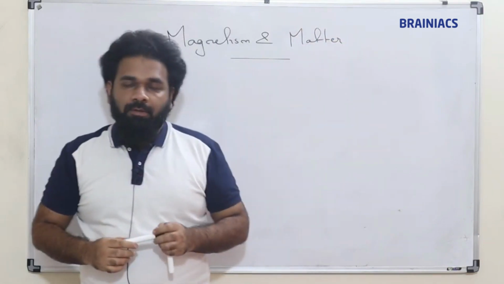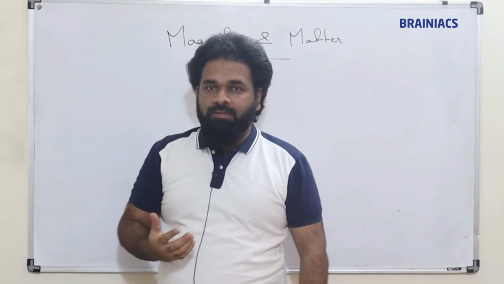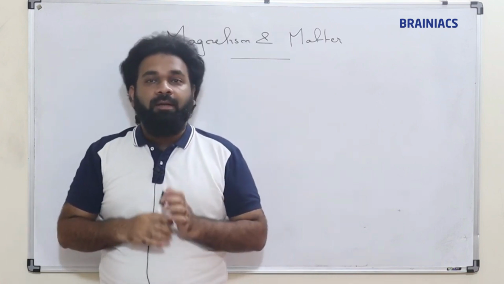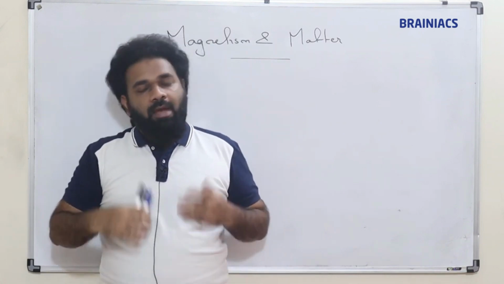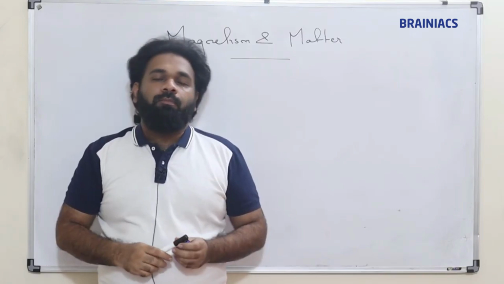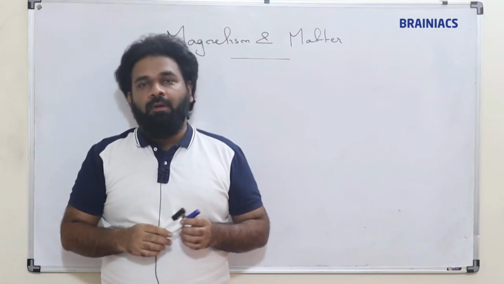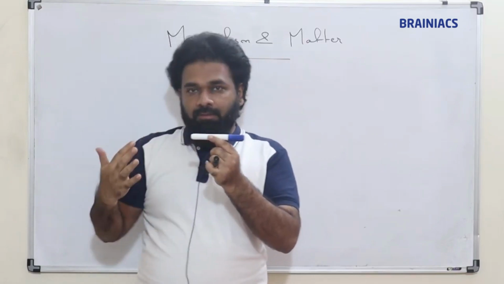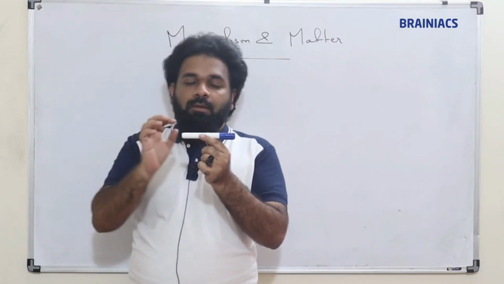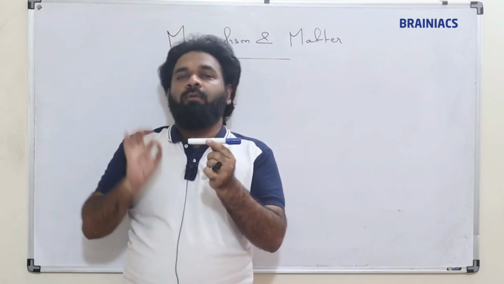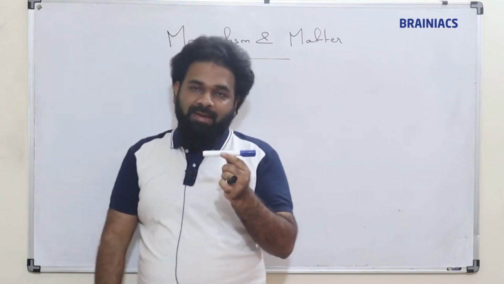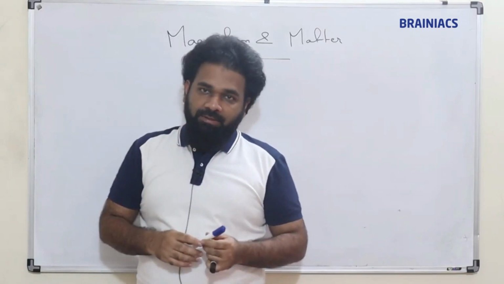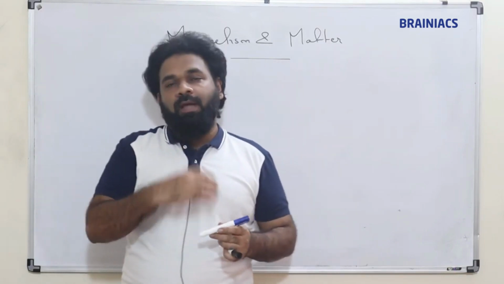Already in the chapter Moving Charges and Magnetism, we have discussed a lot about magnetic field regarding magnetism. Suppose we take a current carrying conductor, then what will be the effects of magnetism, or what will be the magnetic field, its associated directions, and the forces due to that.